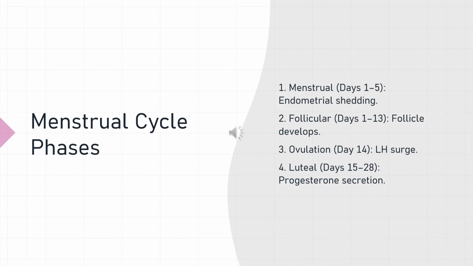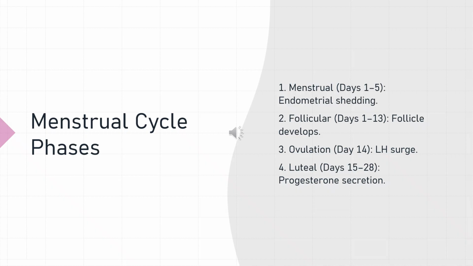During this time, females may have really low energy due to those low hormones. They will also possibly have cramping. Typically, NSAIDs like ibuprofen will help decrease prostaglandins, which help decrease uterine contractions.